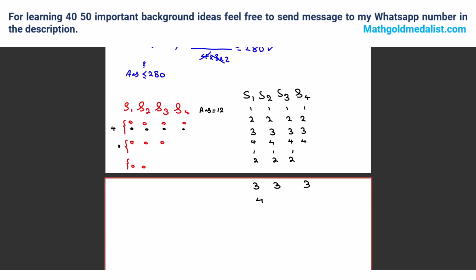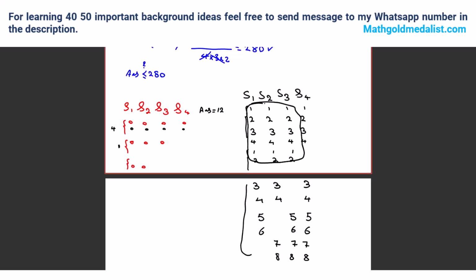And here, so it's better. So this one is not equal to this one, okay? It is again from the next part, so it would be 4, 4, 4, then 5, 5, 5, 6, 6, 6, and 7, 7, 7, 8, 8, 8, right? So here, if you consider 3 elements like S1, S2, S3, it's 6.